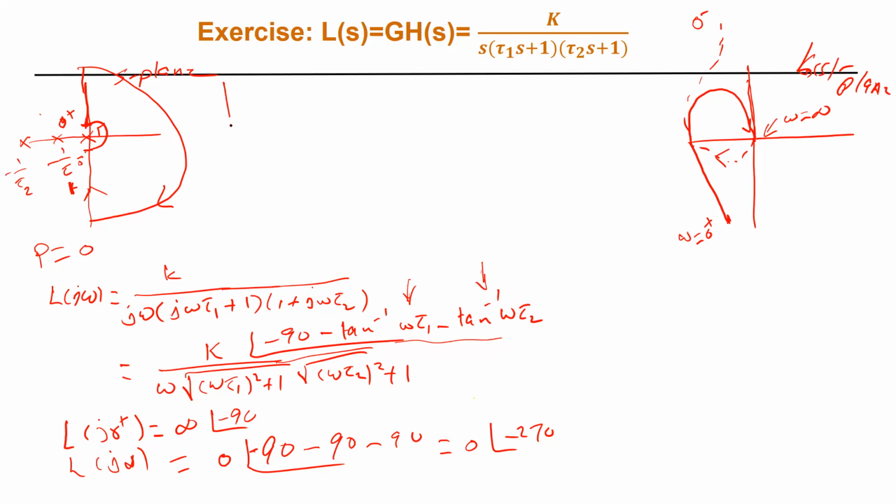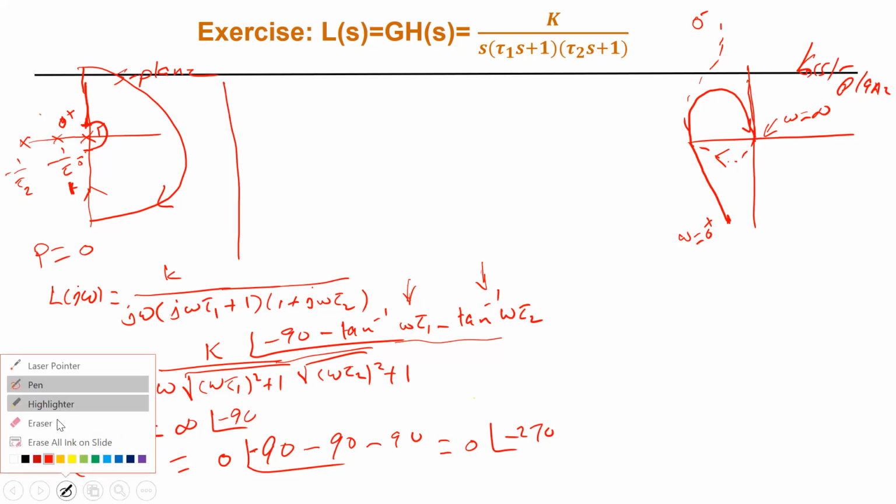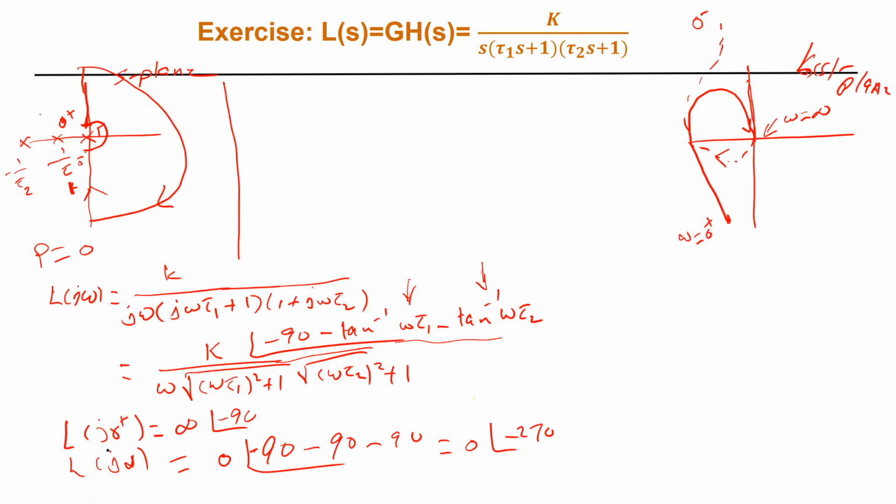Now around the origin, let S equal rho e to the j theta, because I want to follow the arc around the origin. I want to exclude the origin.